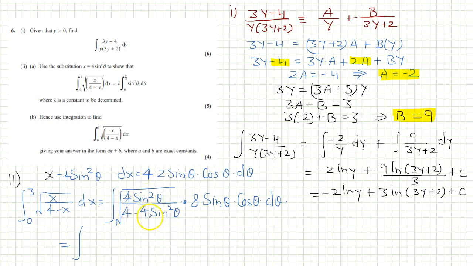So this is sine square theta over cos square theta, so we can write simply sine theta over cos theta, multiplied by 8 sine theta cos theta d theta.